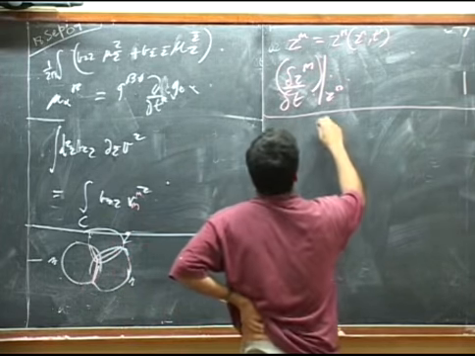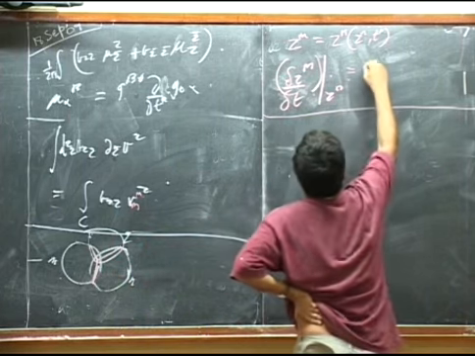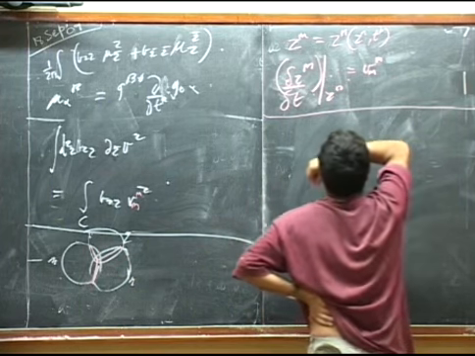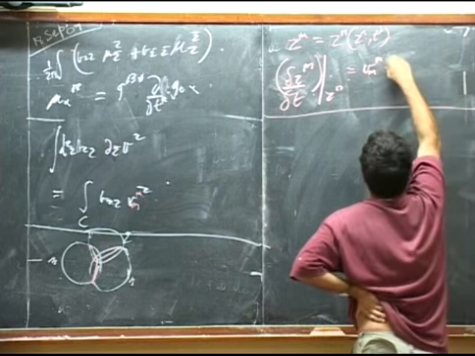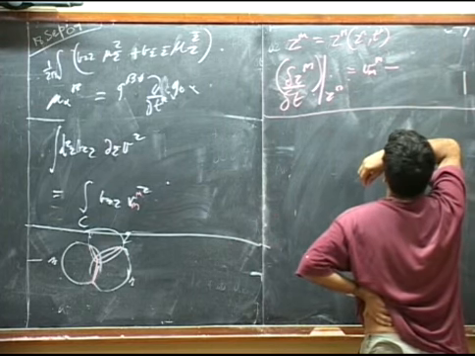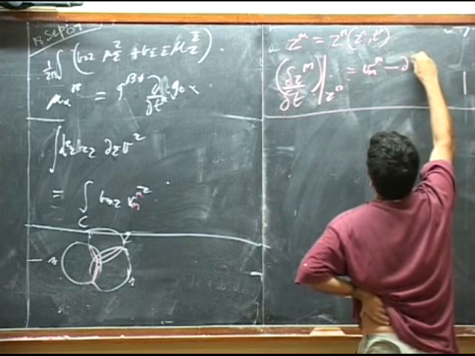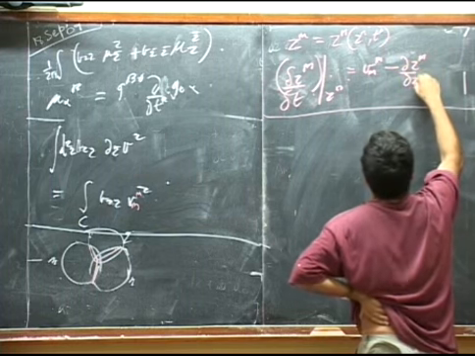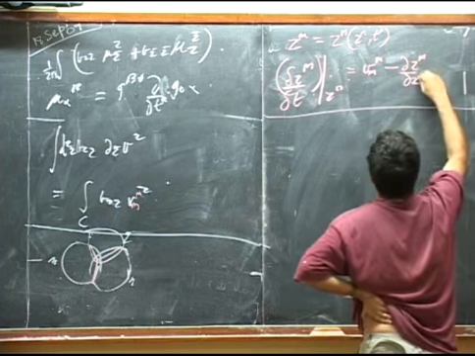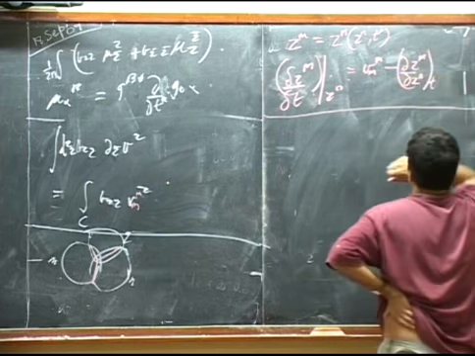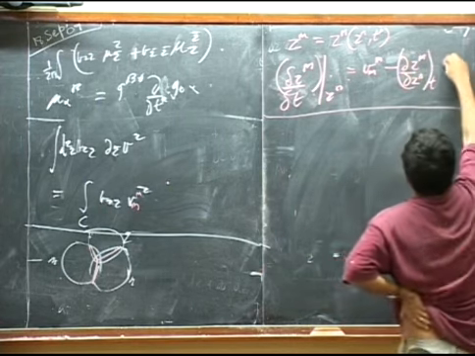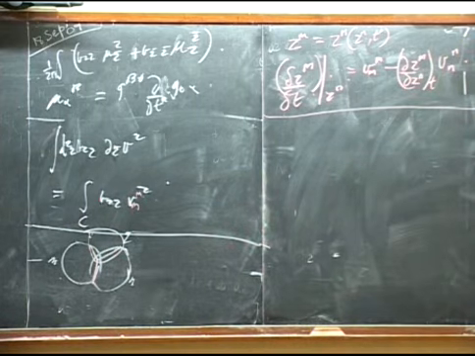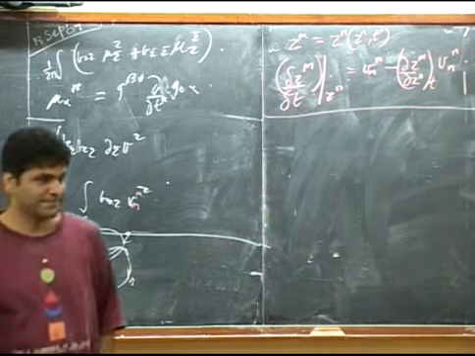So this is equal to Vm minus del Zm by del Zn at constant t, times Vn. This is my thing.